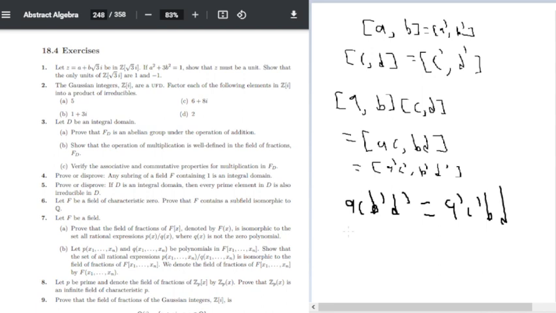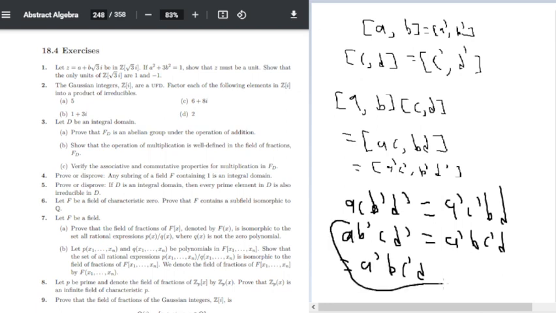For this, we just use the commutativity to factor it into ab' times cd' is equal to a'b times c'd. And using the definitions of equality up here, it's obvious that this is equal to a'b times c'd. So this equality holds, which shows that these two elements are equal, which means that multiplication is well defined on the structure.